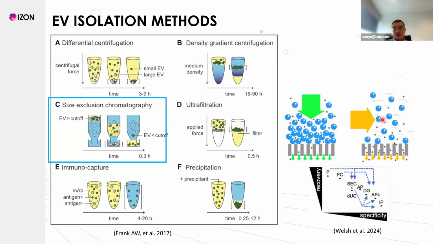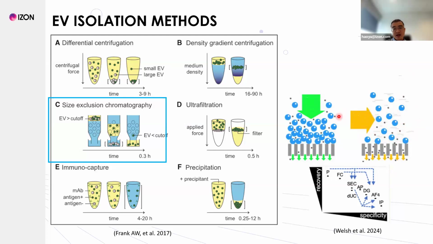And later there's tangential flow filtration. You can see the flow direction is different from the membrane direction. By this continuous flow, it will remove the EVs and large particles which settle on the membrane, increasing the efficiency of the filtration.